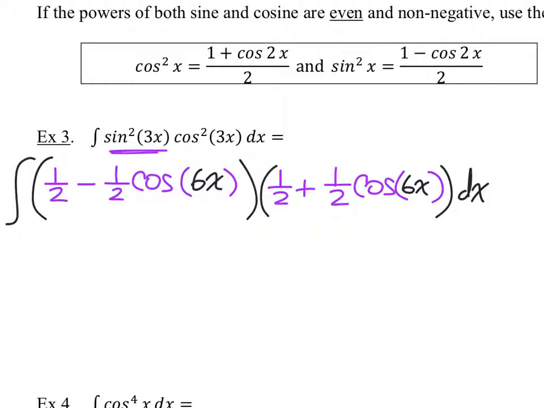If I were to use the FOIL process, the first values multiply to give me a quarter. The outer values would give me positive 1/4 cosine 6x, but then the inner ones would give me negative 1/4 cosine 6x. Cancels out. So then I just multiply the last values: 1/4 cosine squared 6x.